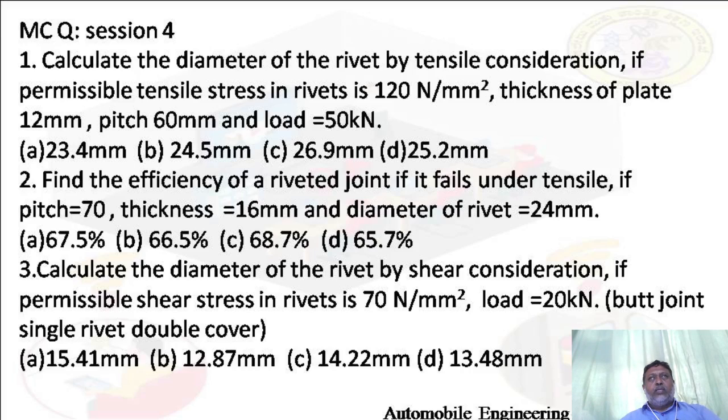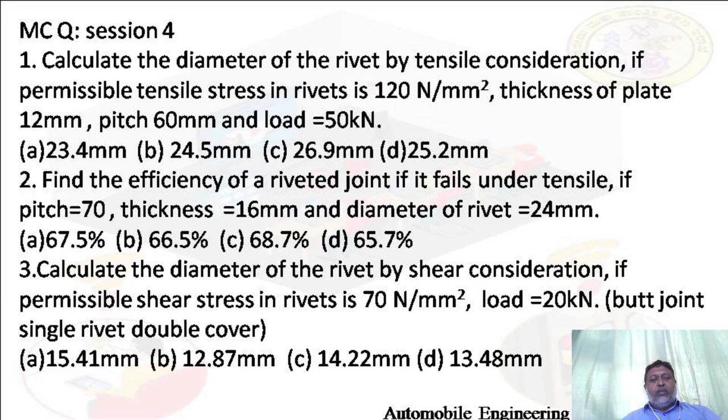P minus D into T into sigma T. And what does efficiency say? The least of the values divided by the unriveted joint, and the unriveted equation is P T sigma T. When you divide P minus D T sigma T by P T sigma T, T sigma T cancels, leaving P minus D by P into 100. P is 70 and D is 24. You just go through it, divided by 70, you will have the answer here.